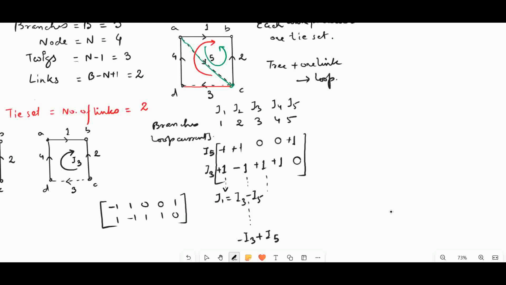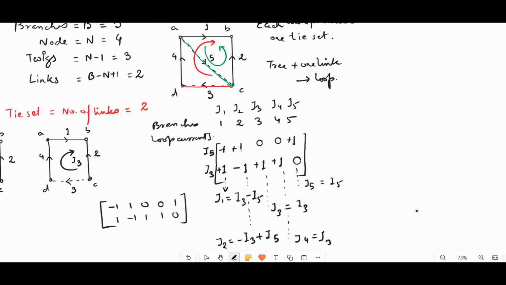Then similarly J3 will be only I3, J4 will be I3, and finally J5 is I5. So these are the corresponding branch currents.